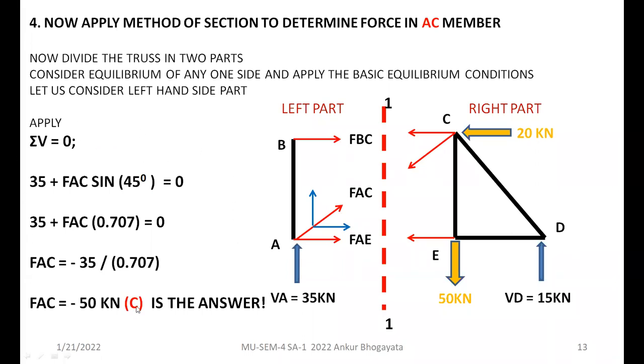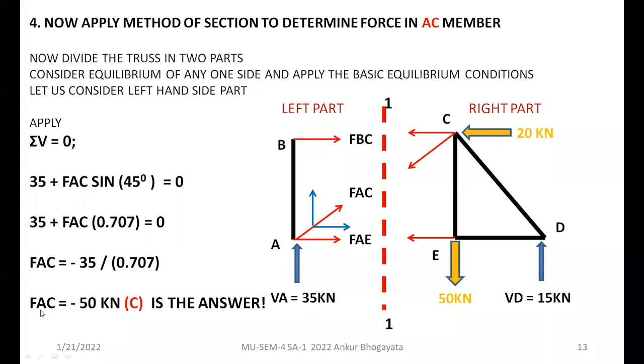Why have I only shown sigma V equals to 0 here? Because our purpose is solved. So there is no need to apply sigma H and sigma M anymore. Because once your purpose is solved, you don't need to go for any single calculation. The force required was in member FAC.